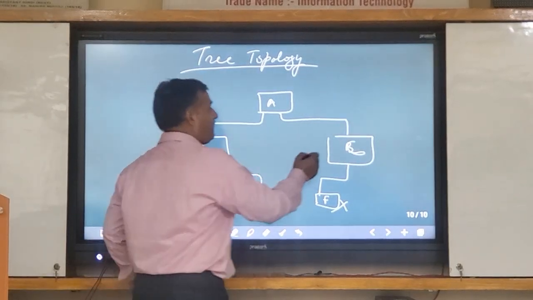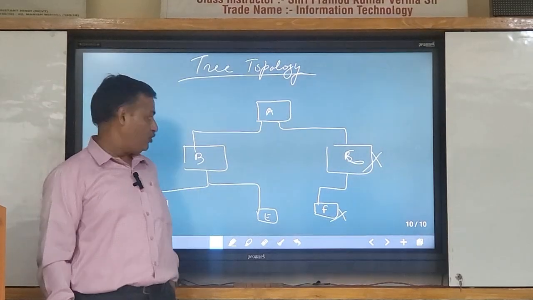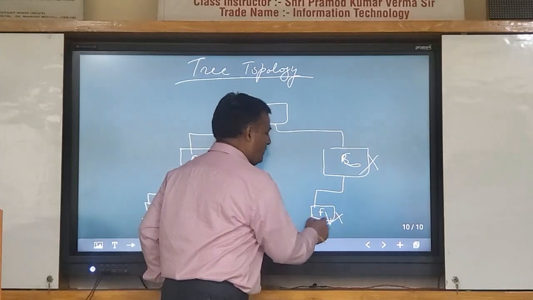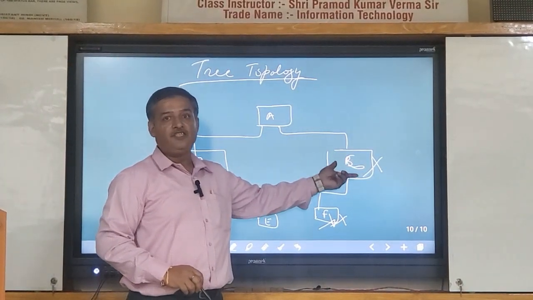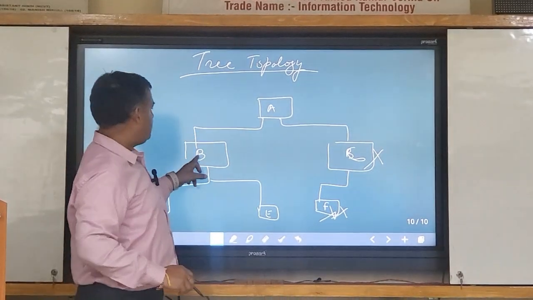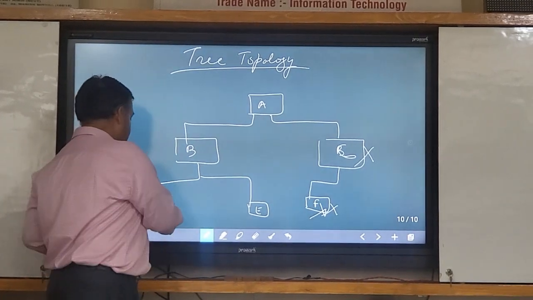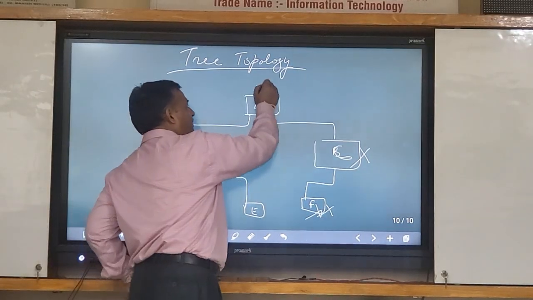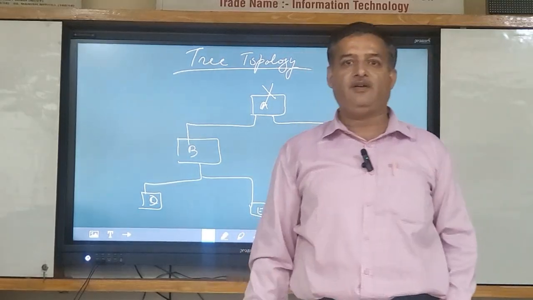But if C collapses, because C is the server for this particular computer, this computer cannot be covered in the network because its guardian, its parent computer, has collapsed. If this computer is working fine, it can send. If this computer fails, nothing happens. If this one fails, the entire topology fails.